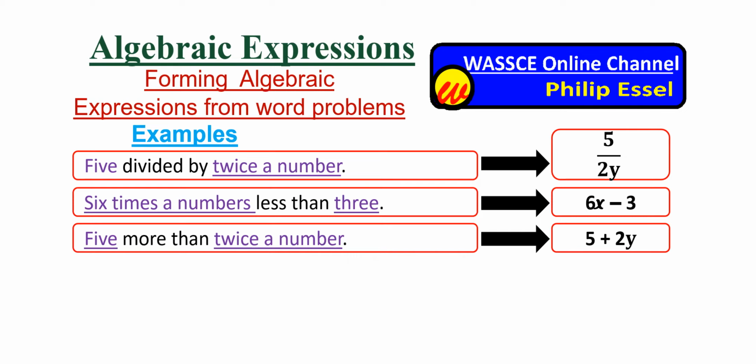We get more than by adding, so that will be 5 plus. Then the next item is twice a number. 2 times a number. The number we do not know is a variable. Let's represent it by y, so that will be 2y. So our final answer will be 5 plus 2y. Very simple, isn't it?